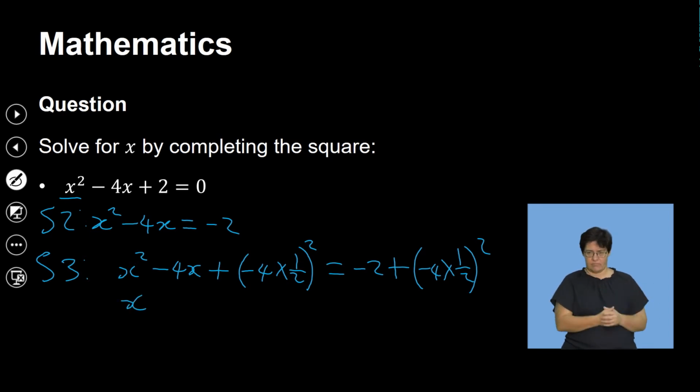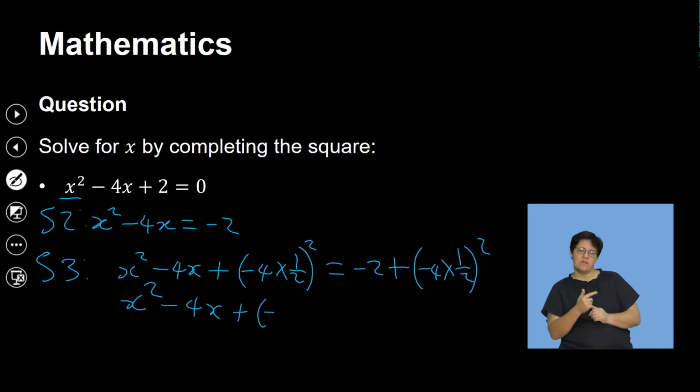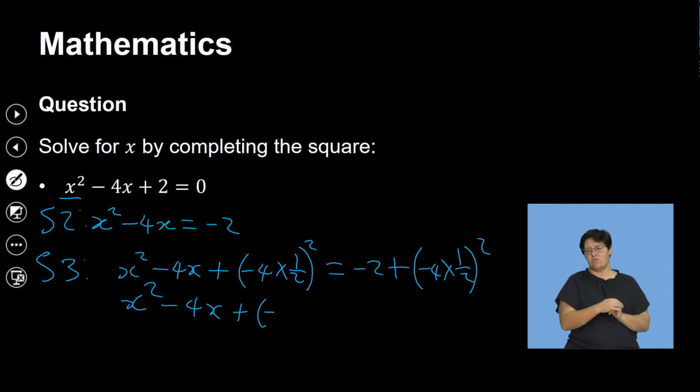Simplify it first quickly. It becomes minus 4x plus negative a half multiplied by negative 4, which gives me negative 2, and then squared. This will be equal to negative 2 plus negative 2 squared, which is just going to be 4. I've already simplified it on the right.